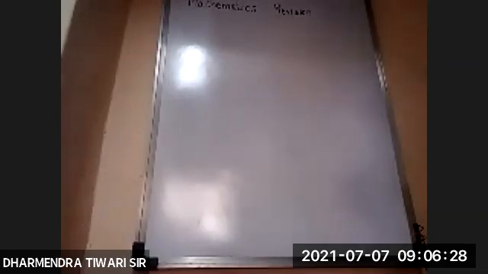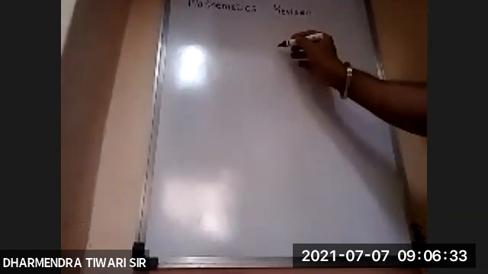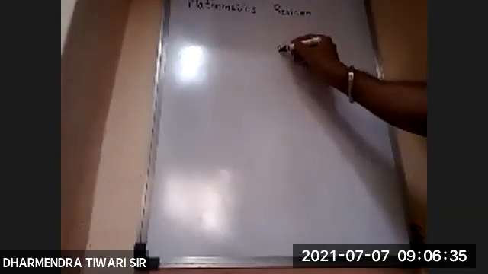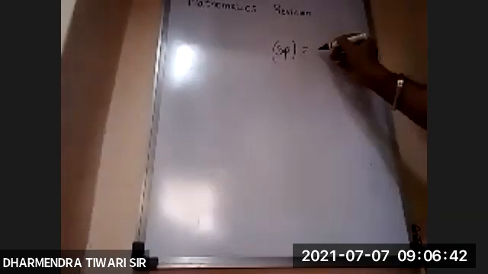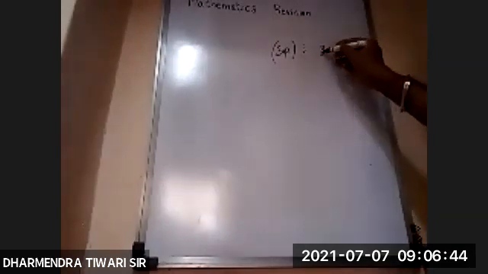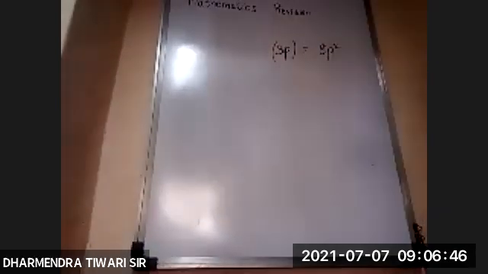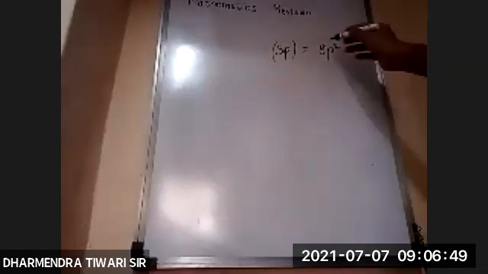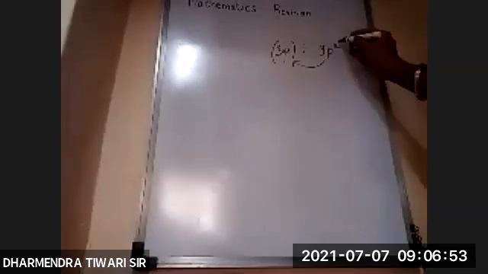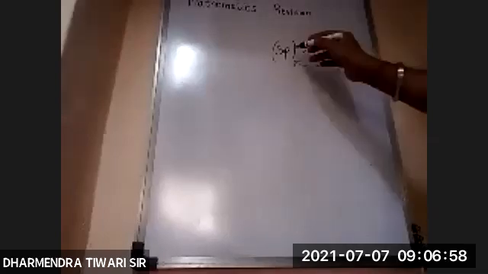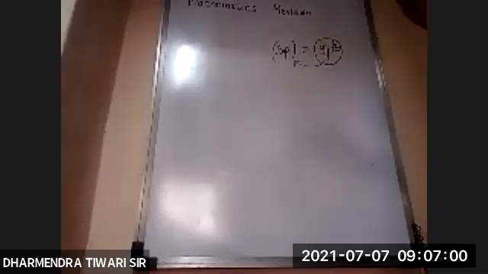Next. Now, suppose we have 3p as a dividend, and 9p square as a divisor. Will it be able to divide? It won't. Why? Because the degree of the divisor is 2, and the degree of the dividend is 1.